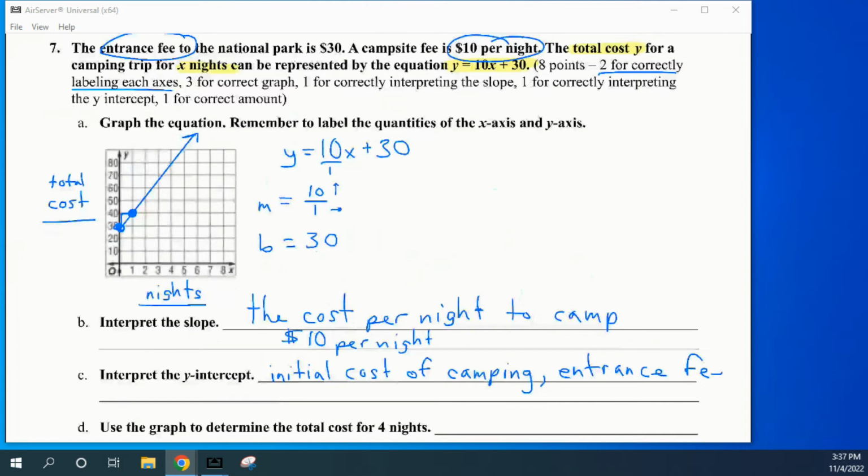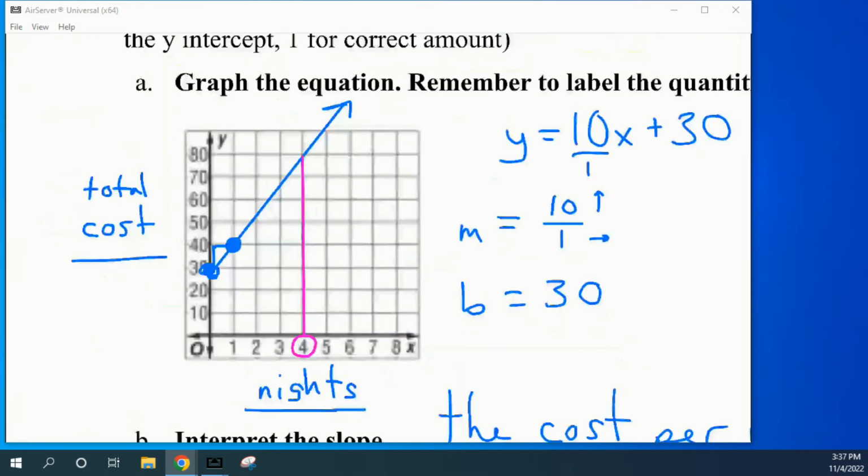Whenever it hits that, I'm going to go left and see what our cost is. It does look like our cost is going to be $80. So for 4 nights, $80. That's one way to do it.